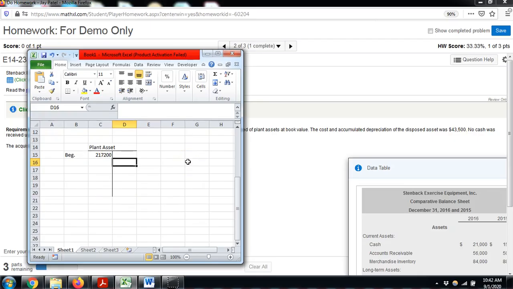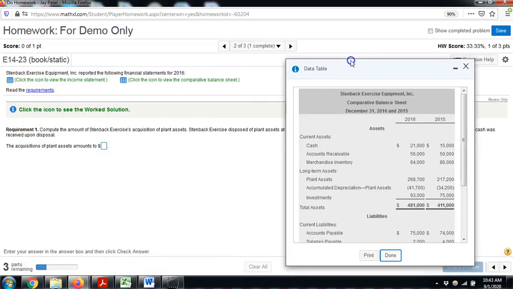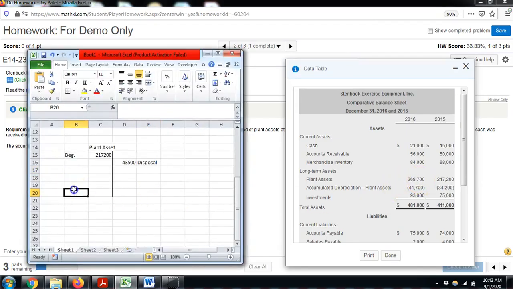But we did, at the time of disposal, have to credit plant assets by $43,500 to dispose of this asset. So this was a disposal. And then we know our ending balance is $268,700.